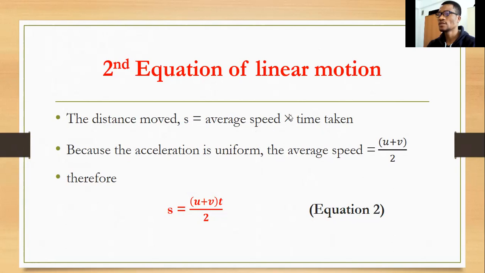So this is the average speed of an object when an object is making equal distances in equal time intervals. So we say it is in uniform speed, and then we can take the average speed of that object using this.